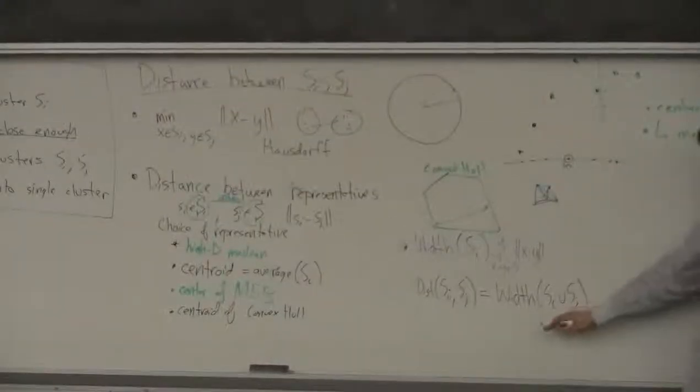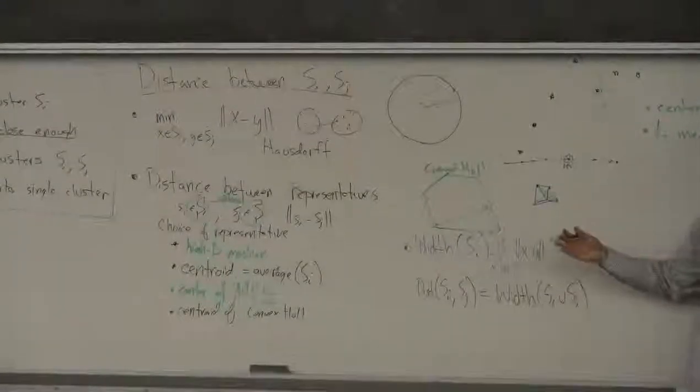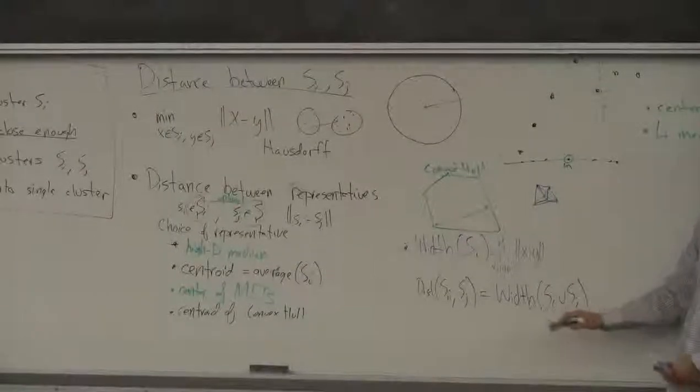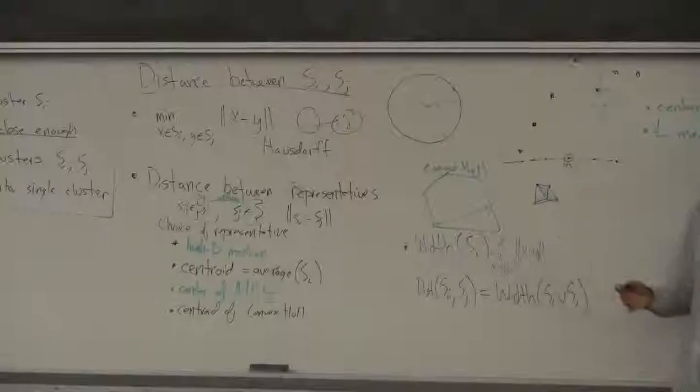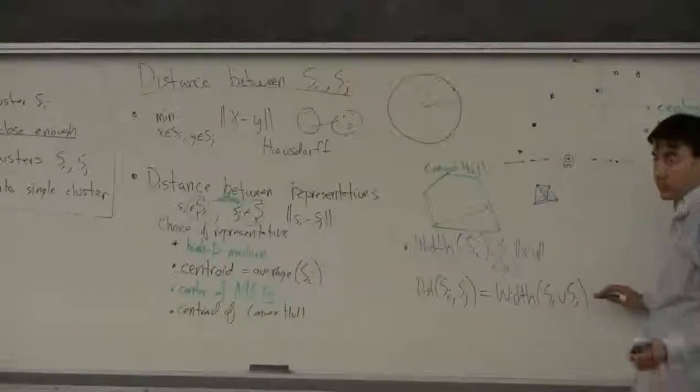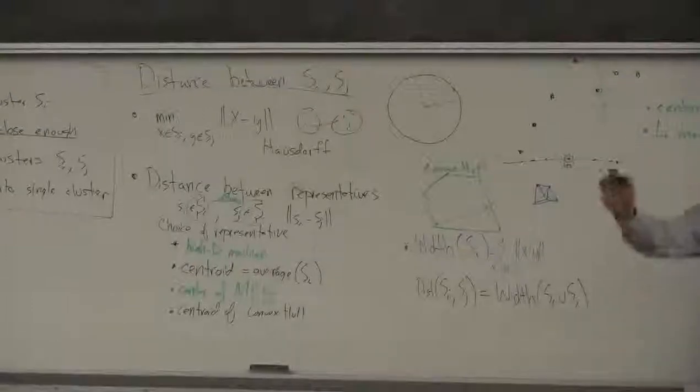So now I define it so that I don't want the width of any cluster to be too large. I can consider the union, compute the width, and see that I don't want that to be too large. Or maybe I subtract off the width of the individual clusters. There are various things you can do.